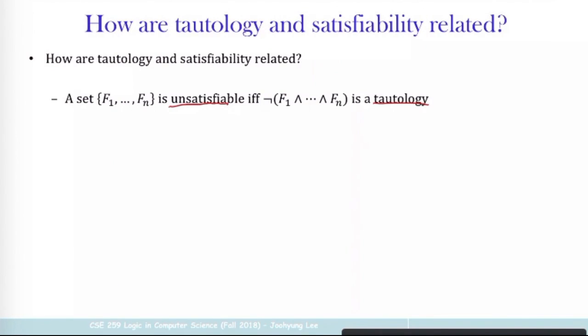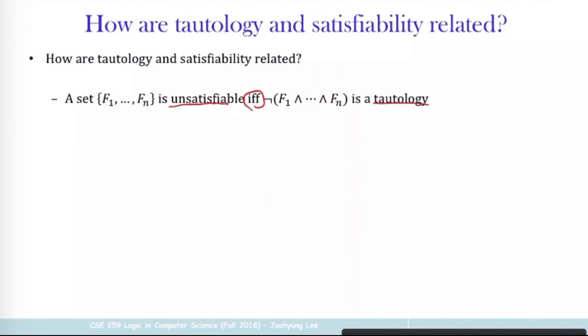By the way, IFF means if and only if. It's a two-way implication.